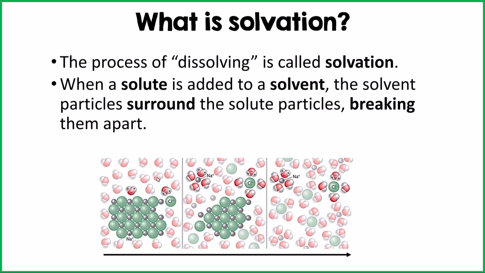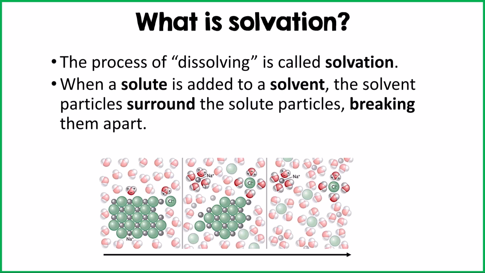So we have water molecules here in our solvent, and we have sodium chloride, NaCl, as our solute in this image. And you can see that because water is a polar molecule, part of it is partially negatively charged, and that negatively charged side of the water molecule is attracted to the positively charged sodium ion.